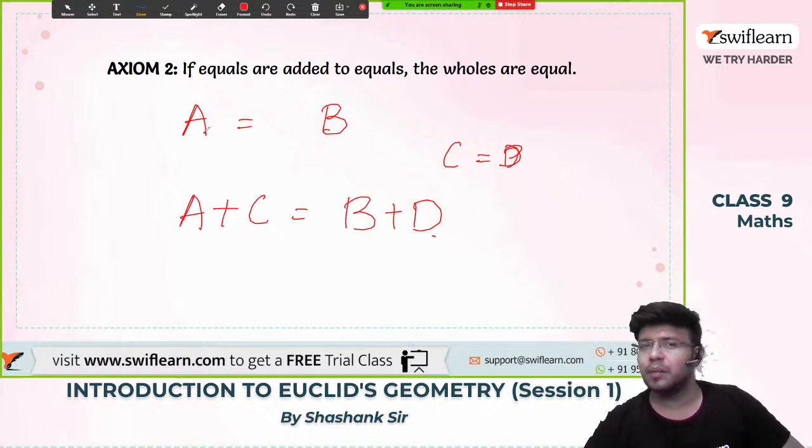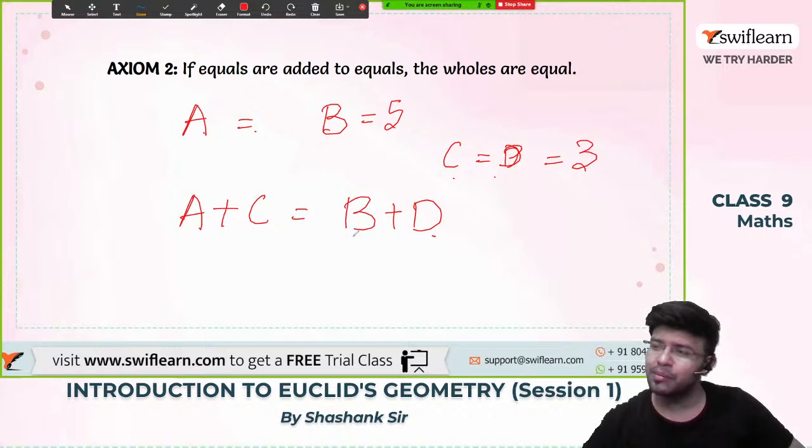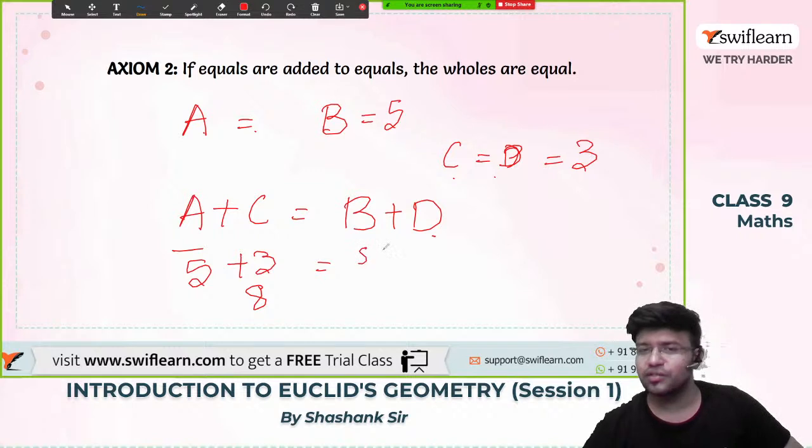Let us take an example. A is equal to B is equal to 5 and C is equal to D is equal to 3. Now to equals we are adding one more equal. Will they be equal to each other? Yes, definitely they will be. Look here, A is 5, substitute 5. C is 3, substitute 3. 5 plus 3 is 8. B is 5, D is 3. We also get 8.